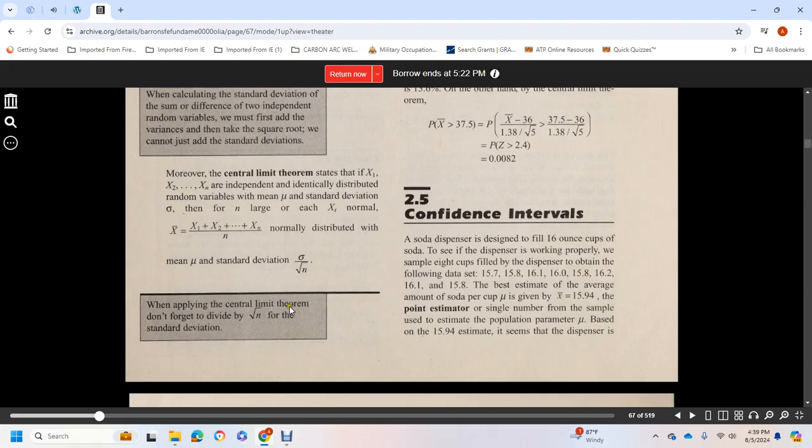When applying the central limit theorem, do not forget to divide by the square root of n for the standard deviation.